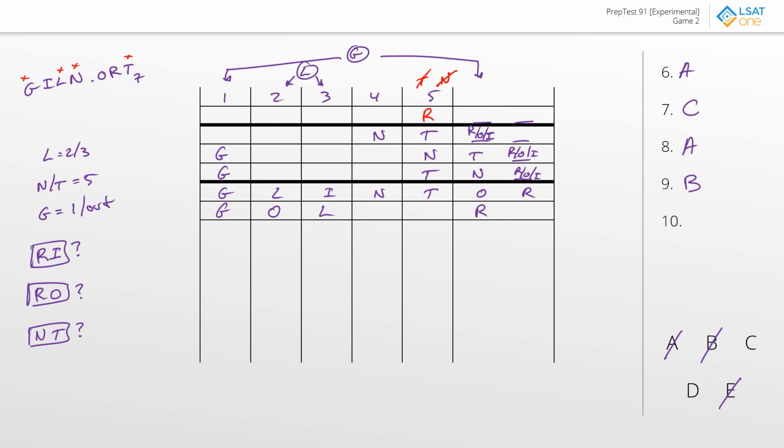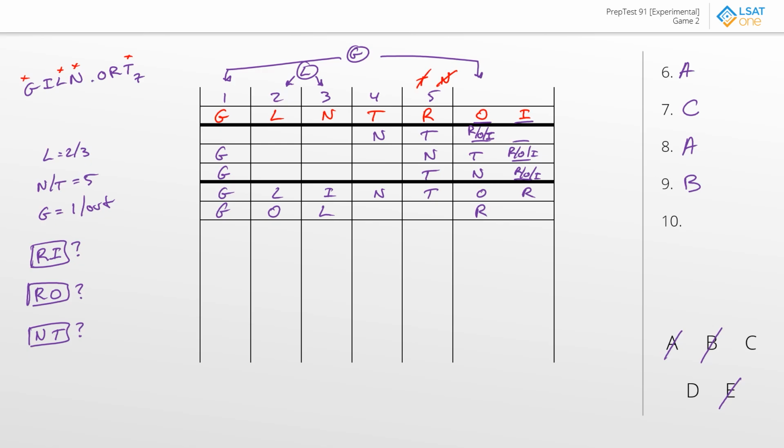And if that's true, then obviously we know that I and O would have to be out. And from there, G now has to go first for sure. And we have to have N and T both in, and they're going to have to go in that order. So since L is in 2 or 3, L can't split them up. So L is going to have to be 2. And then N and T are going to go into 3 and 4.